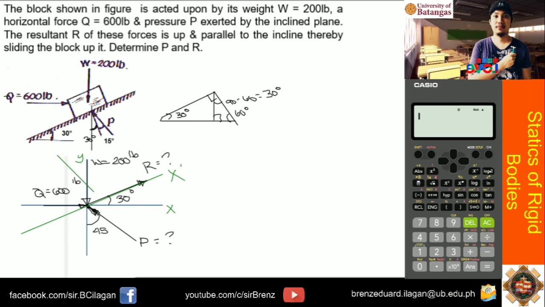And then, this will be your y prime axis. Diba ito yung 30? Ito, magiging 15 degrees.